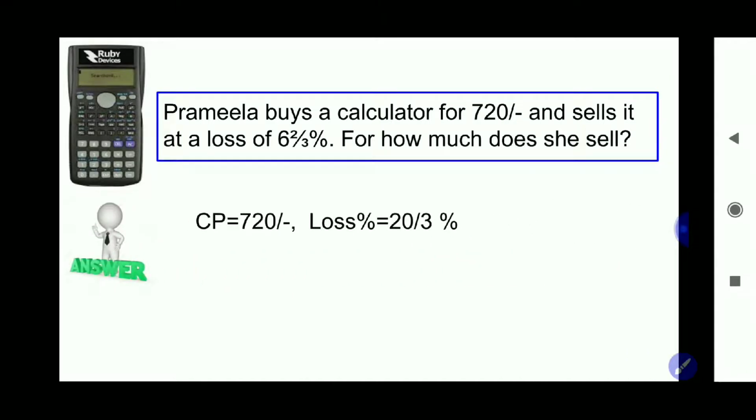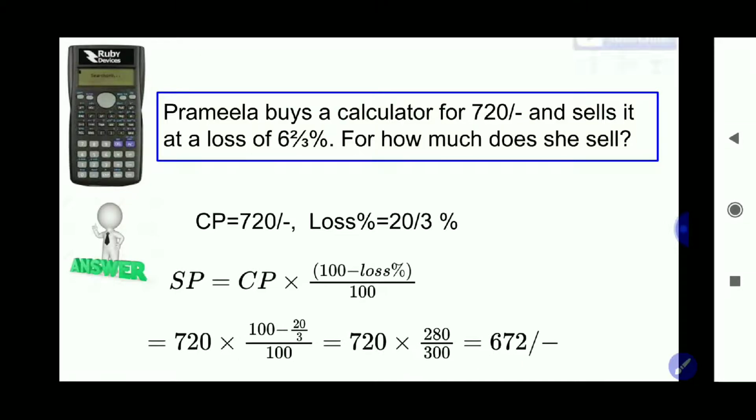Here CP is 720, loss is 6 and 2 by 3, that is 20 by 3%. So selling price is equal to CP into 100 minus loss percentage by 100, that equals 720 into 100 minus 20 by 3 by 100. Its answer is 672 rupees.